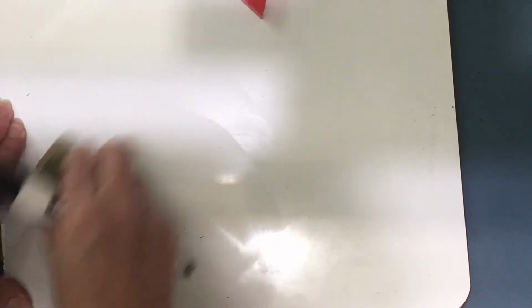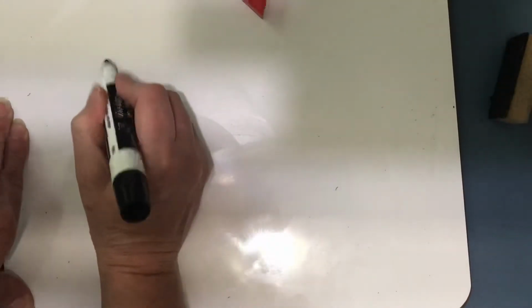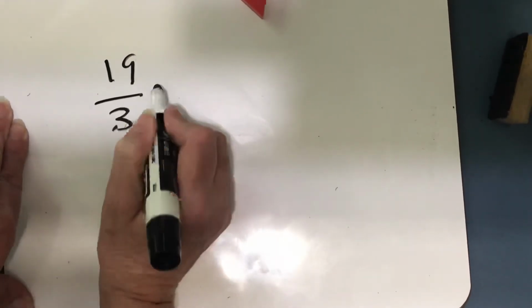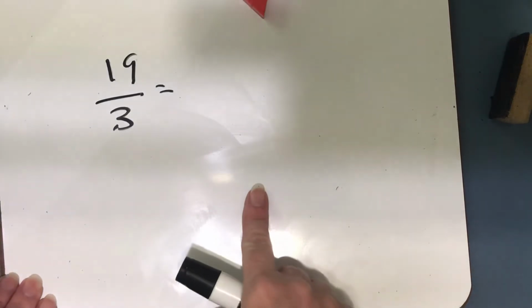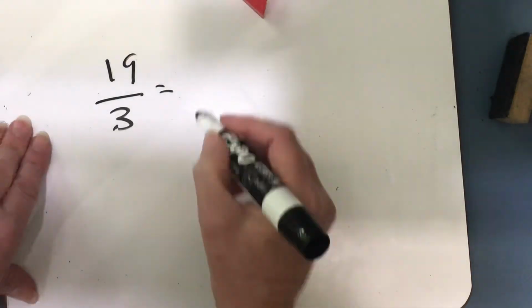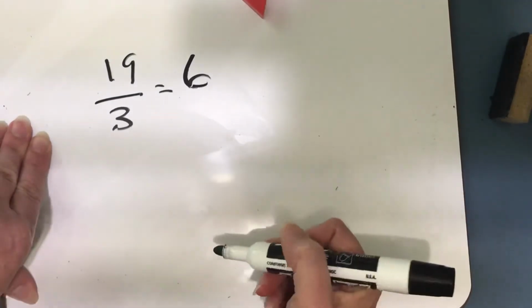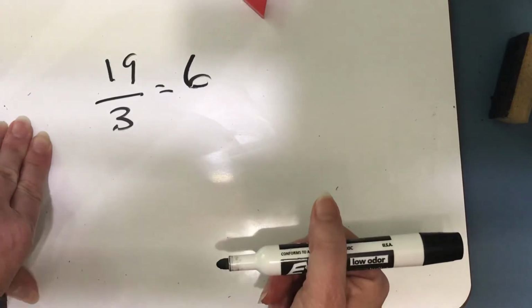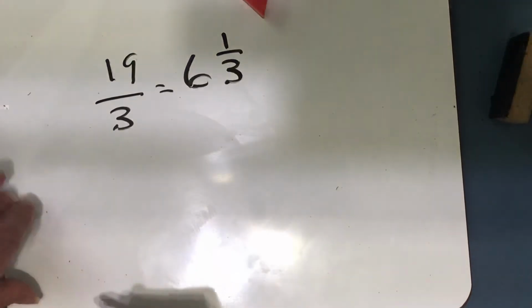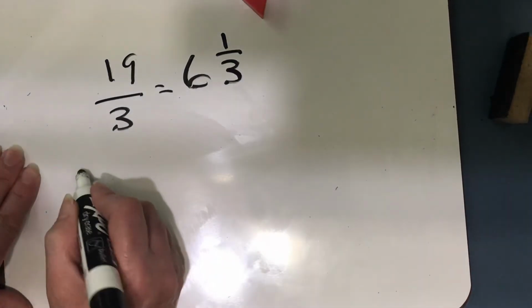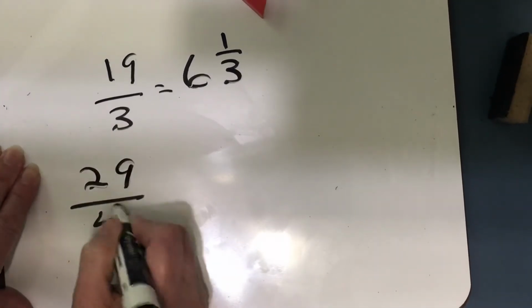Okay, so say I have 19 thirds, I ask myself, how many times will 3 go into 19? Well, I know that 6 times 3 is 18. So it'll go 6 times, and since 6 times 3 is 18, I have 1 left over. So 6 1/3. All right, what if I have 29 fourths?